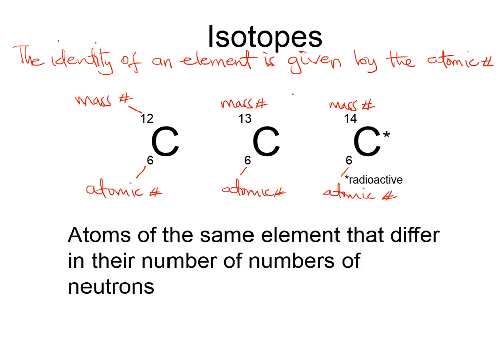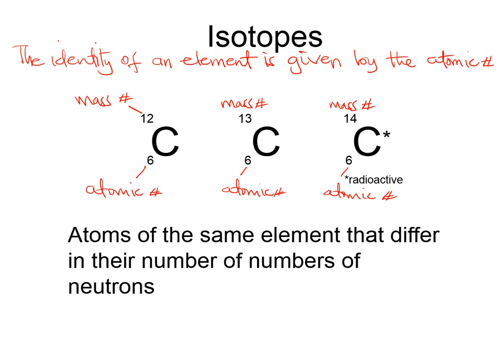That's why you cannot use mass to identify an atom. You can see the atomic numbers are just the same. That's why all of these are carbon, because they have the same atomic number. We don't care about the differences in mass. What we care about more is the atomic number. If you say atomic number 6, that is carbon.